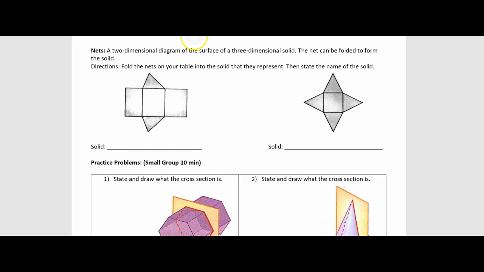Okay, so on the left, I'm going to sketch this out for us. We would get something that looks like this.